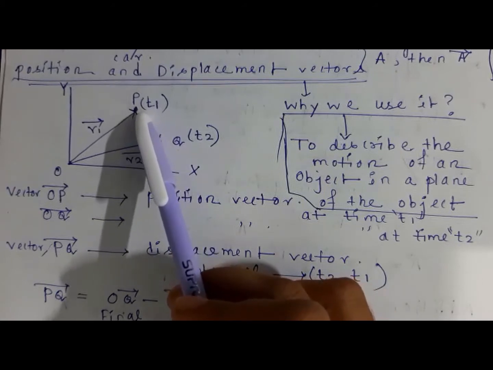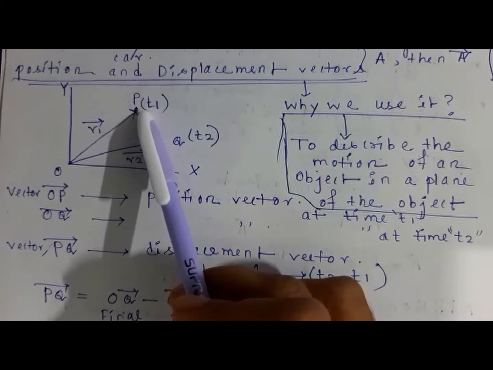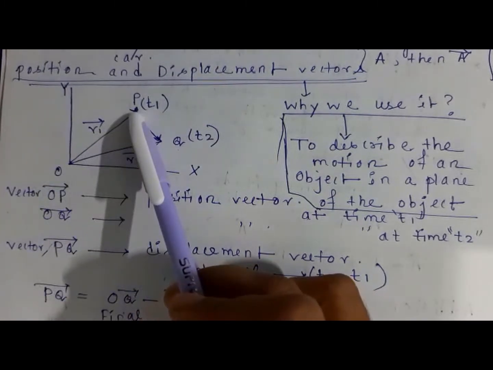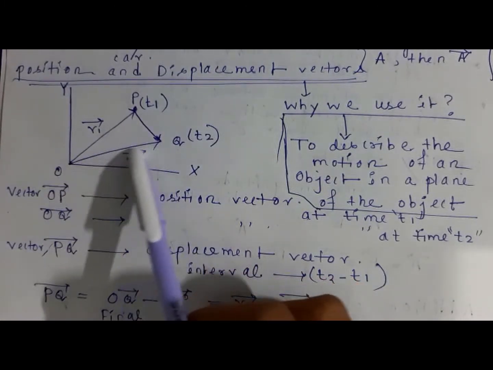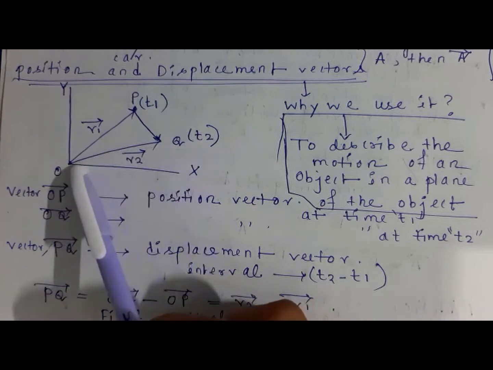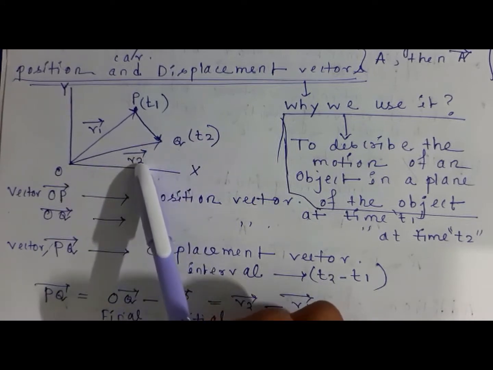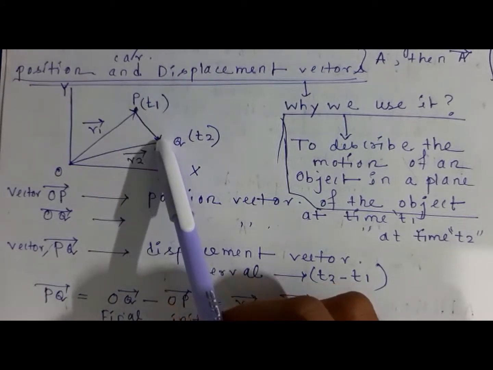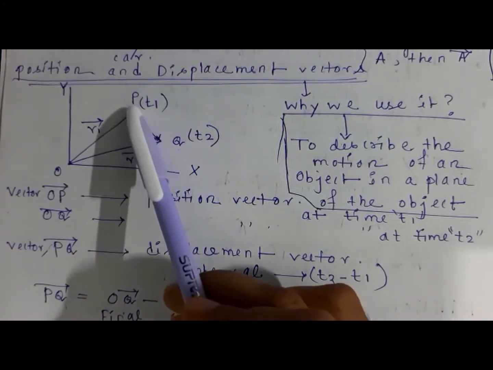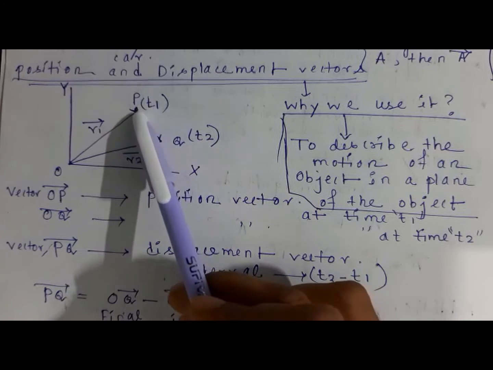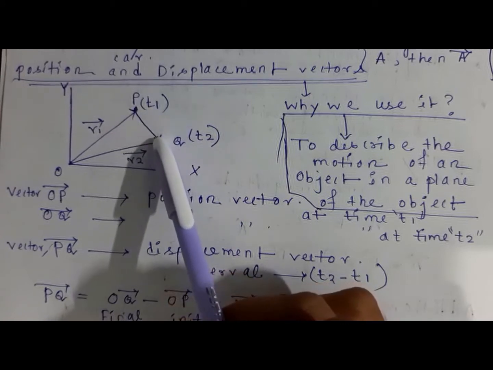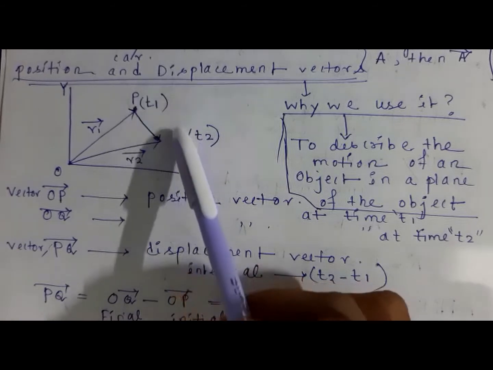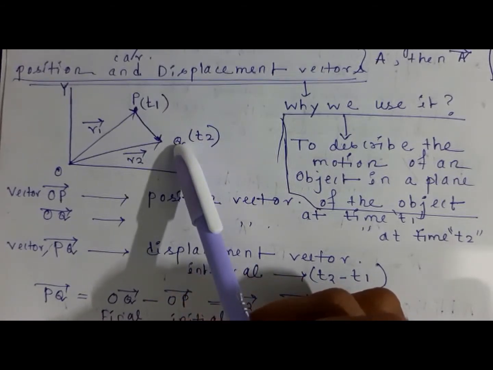When your object was at point p, the object's position vector was r1 vector, and when it has moved to q, the position vector is r2 vector. Now when you join these two, p and q, this gives your displacement vector, meaning your object has moved from point p to point q.